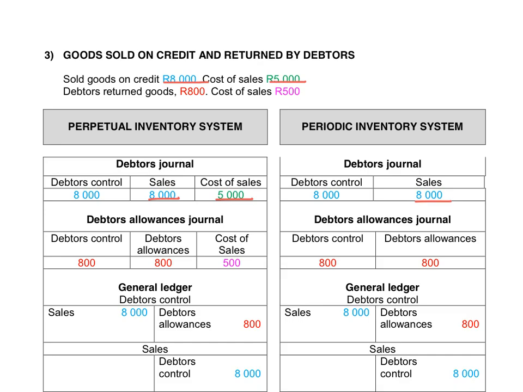In the debtors allowances journal, you will have a column for debtors allowances for the 800. And in the periodic, you will also have the 800 under debtors allowances. But you will have a cost of sales column in the perpetual system, and there will be no cost of sales column in the periodic system.